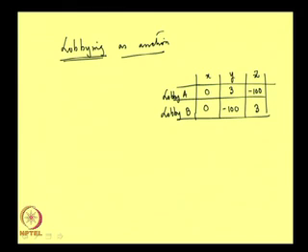Now, what is the rule of the game? What rule is the government telling these lobbies to follow? And suppose the rule is the first price auction. Which means that each lobby will tell the government how much money it is ready to pay to the government to get its favorite policy implemented.